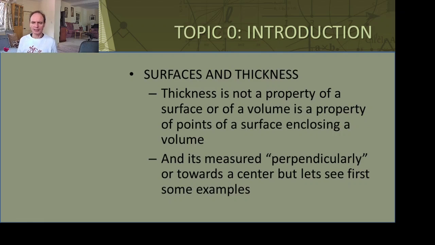First thing I want to highlight: thickness is not a property of volumes, and it isn't a property of surfaces. Thickness is a property of points in surfaces that are enclosing a volume. That's the idea. Thickness is a property of points.